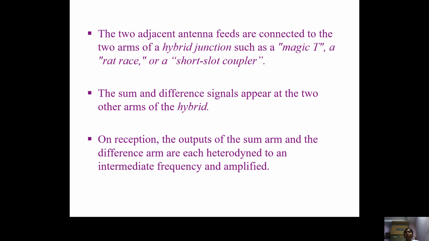This can be done at the mixer, which is a part of the superheterodyne receiver, and then the desired signal is amplified and its frequency is brought to the intermediate frequency range.